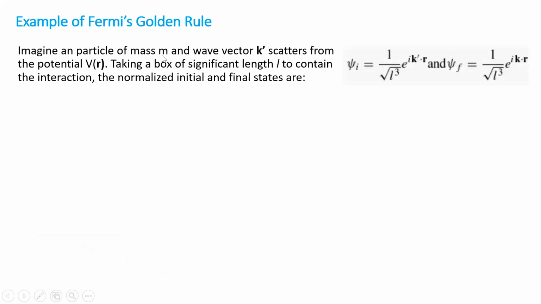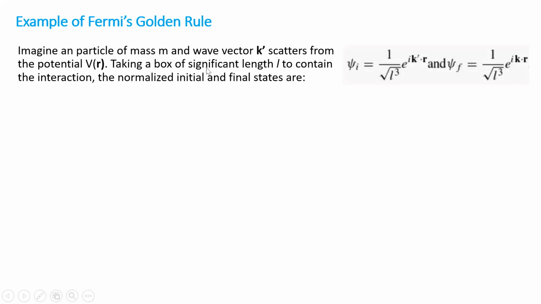So let's check out an example of Fermi's golden rule, just to see it in action. So suppose we have a particle of mass m and wave vector k prime. So the wave vector is 2 pi over lambda, and it's a vector, so it's directed in the direction the particle is traveling, in the direction of the velocity, and it's scattering from the potential v of r.